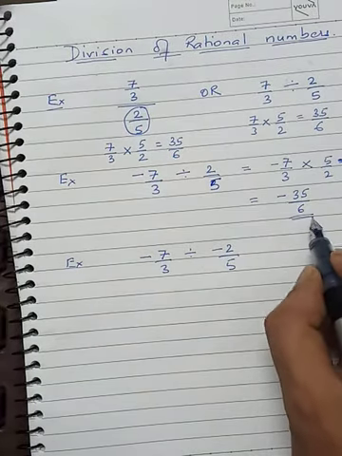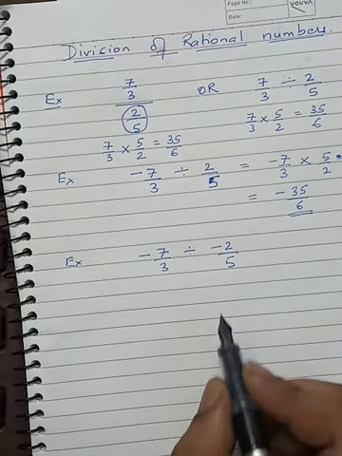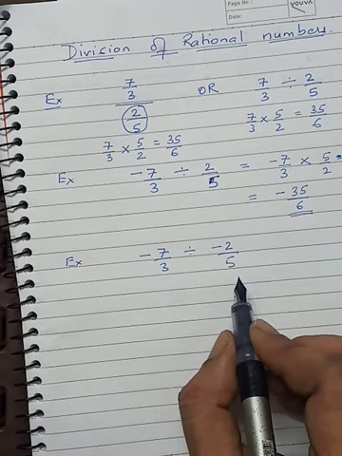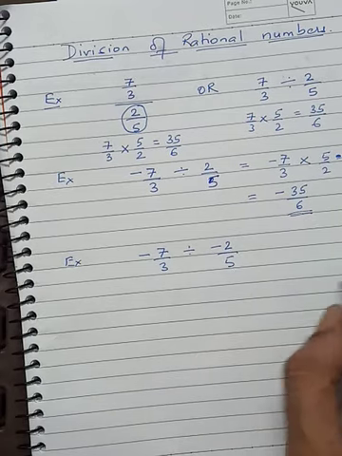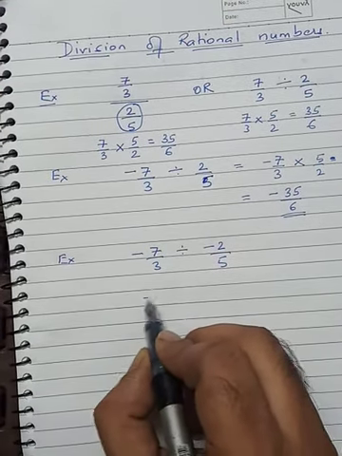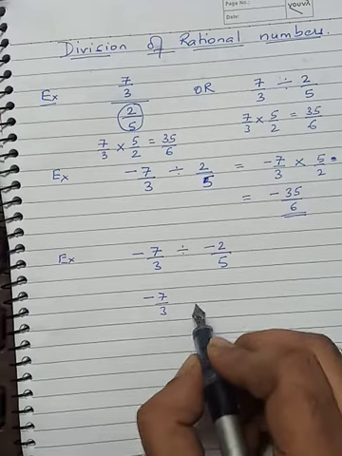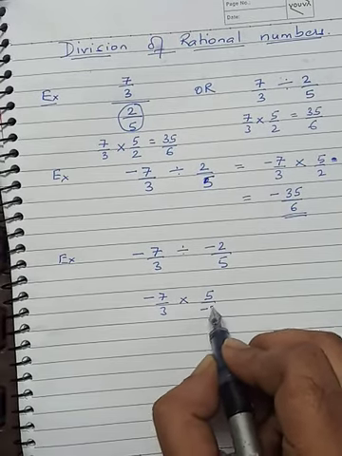Simple. Let's take something with negative signs with both the rational numbers. Minus 7 upon 3 divided by minus 2 upon 5. Again, minus 7 upon 3 multiplied by 5 upon minus 2.